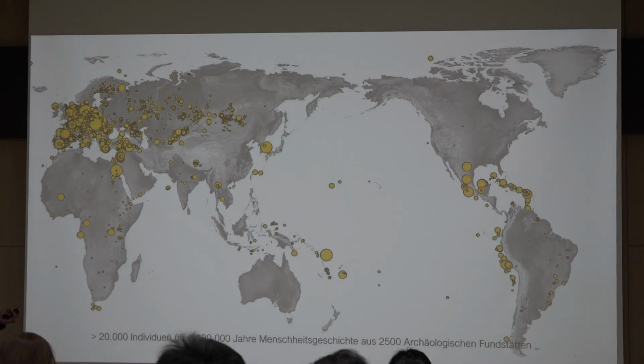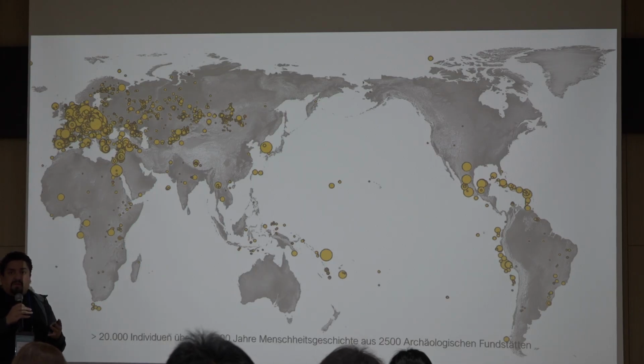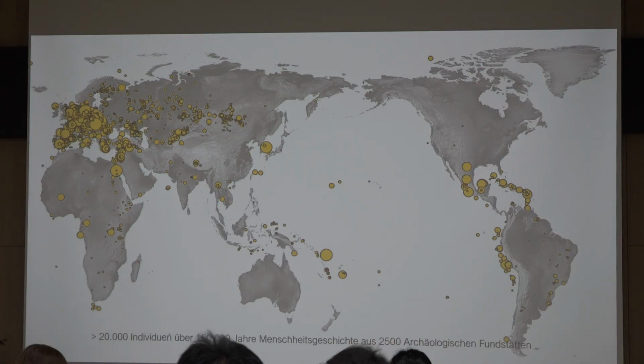This, of course, allowed us to get a lot of ancient genomes coming from samples from archaeological contexts. Right now we are at more than 20,000 individuals spanning 100,000 years of human history, recovered from more than 2,500 archaeological sites, which is a lot, but still you can see there are many regions, full regions missing.